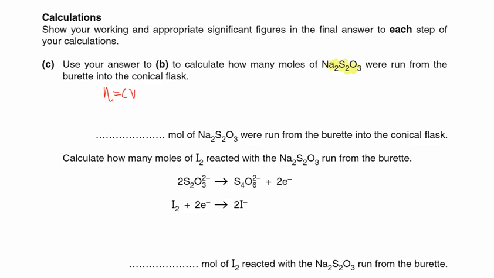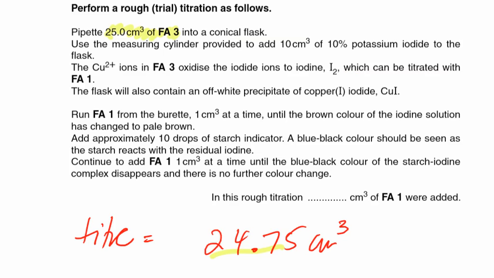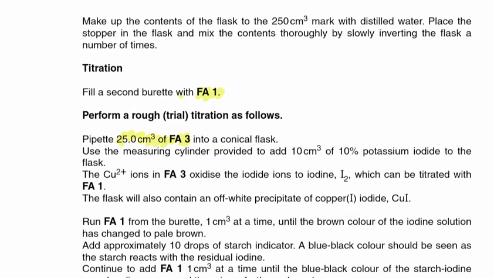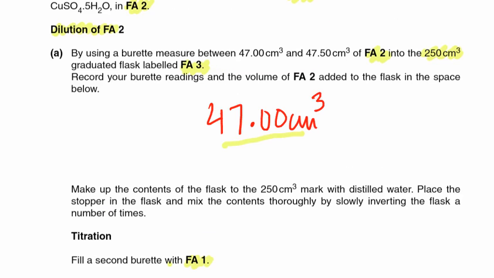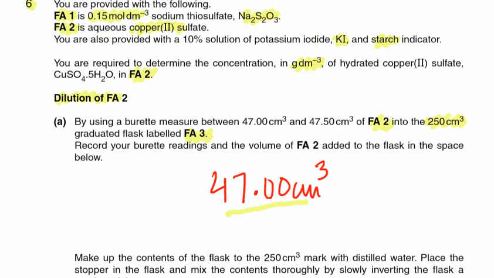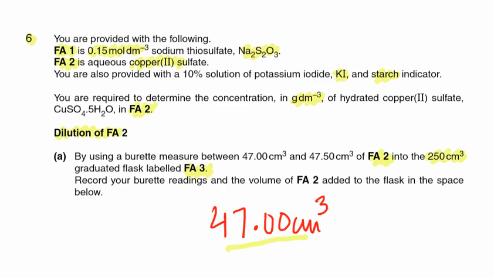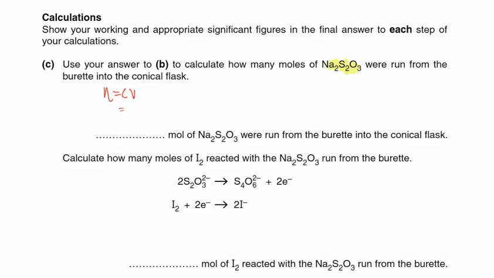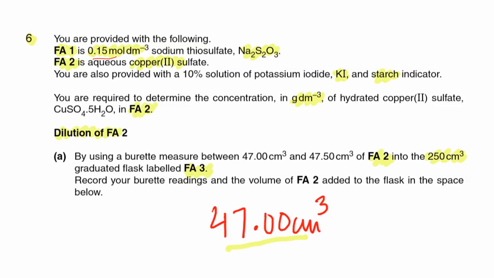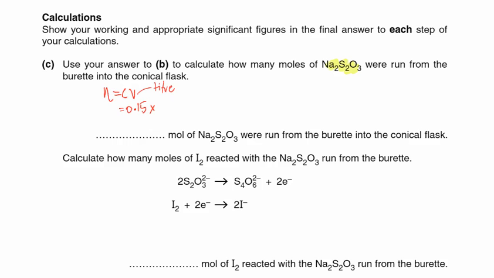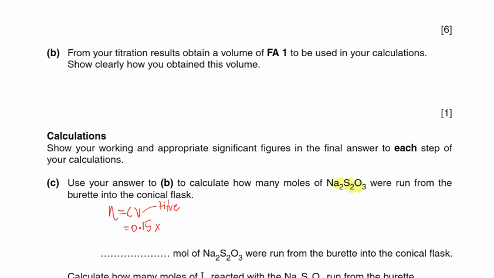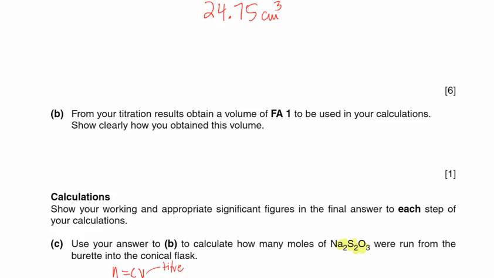And the concentration, I believe, I'll go back to the page. First page, let's go up. It's 0.15, I think. Yeah, 0.15 of sodium thiosulfate. So this is 0.15, and the volume comes from the titre, which, oh, we have it on the front. I have it on top as 24.75.